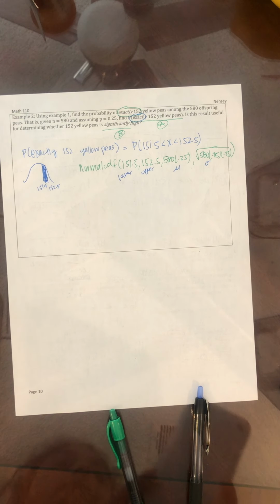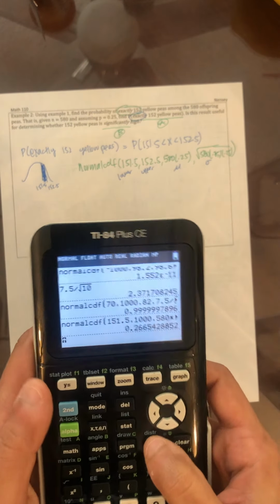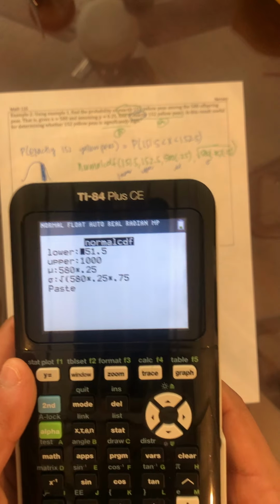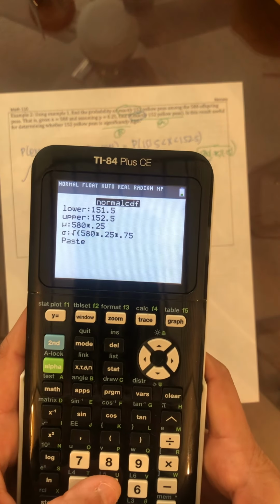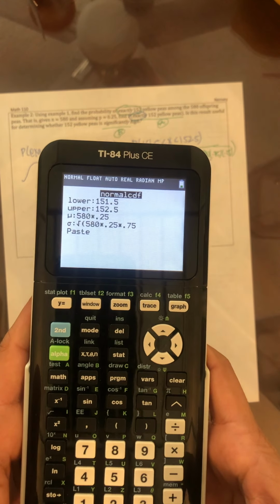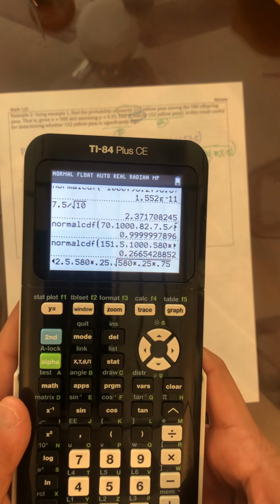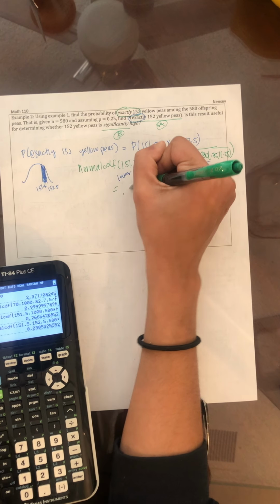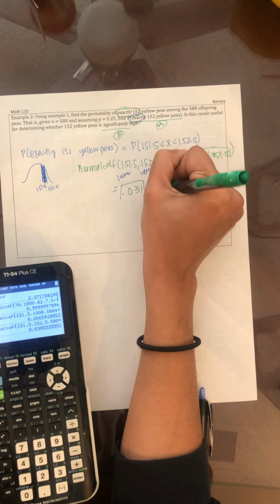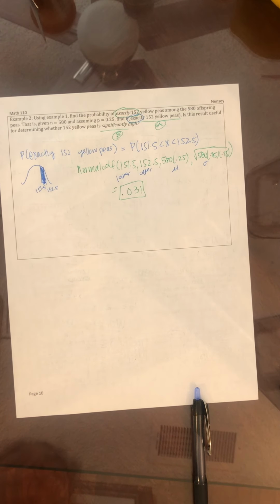I'm going to use my calculator one last time. So second vars, normal CDF, 151.5 is already there, 152.5, and then if you save it, it's actually the same number, so I don't have to retype everything in. And I get 0.031. And that is my answer.